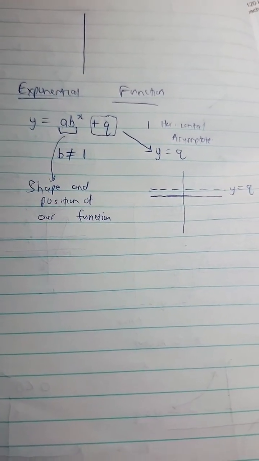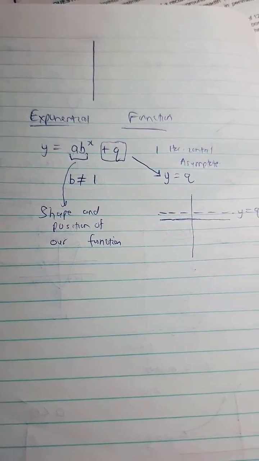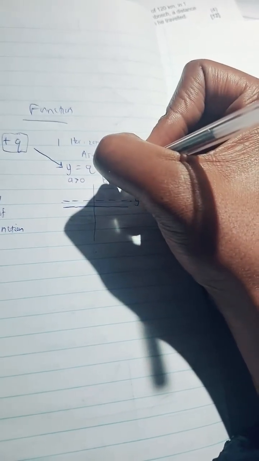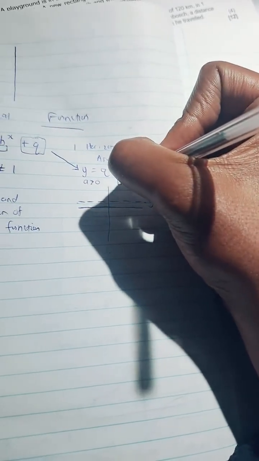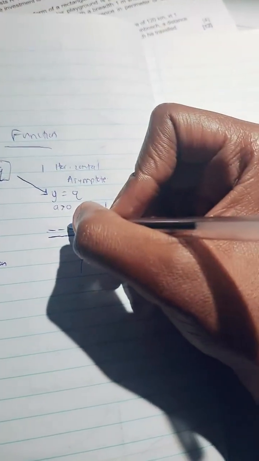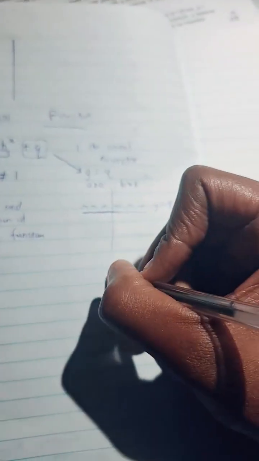The first thing you need to note very seriously is when a is greater than 0 and b is greater than 1. Now I need to explain something.